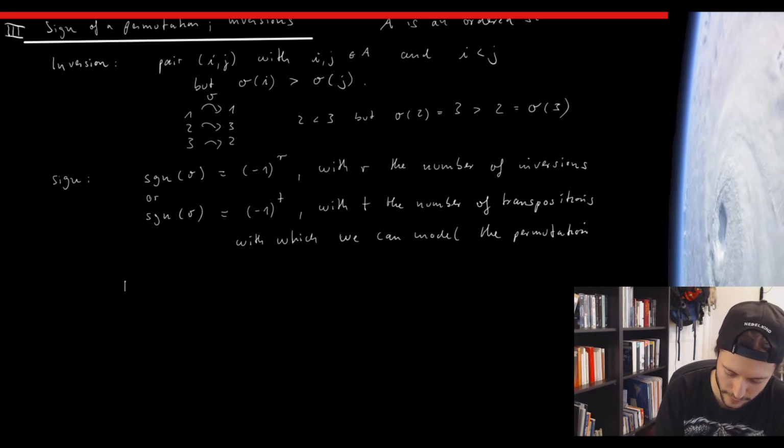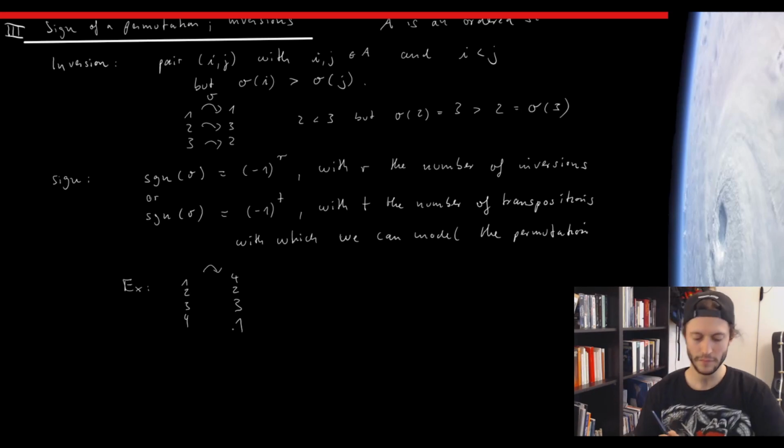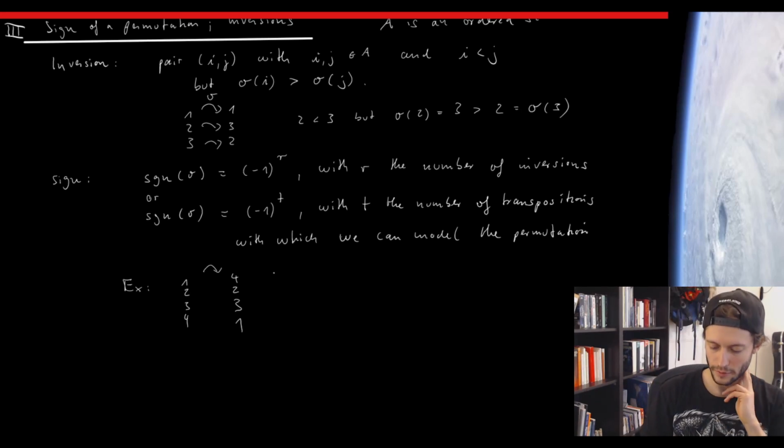Let's have 1, 2, 3, 4. And we map this to 4, 2, 3, 1. Let's first count the number of inversions. Let's, for example, start with 1 and 2.